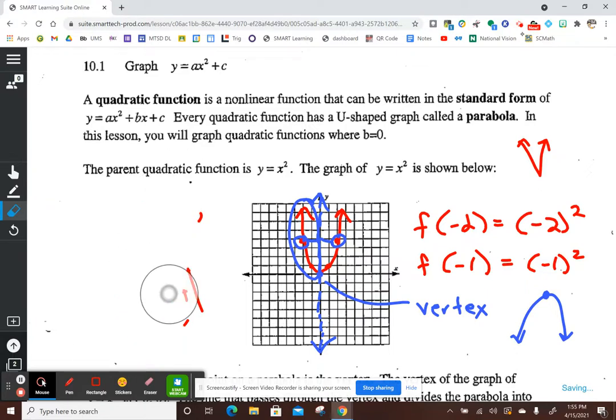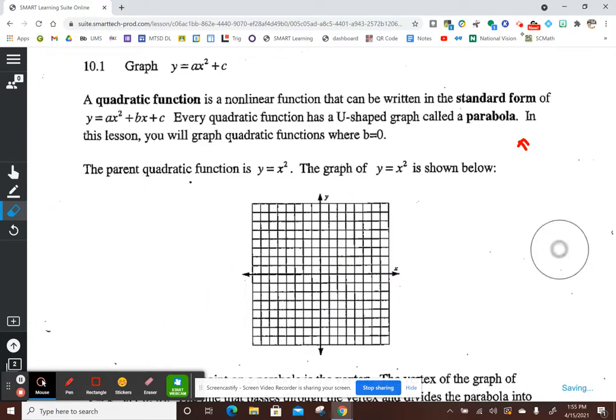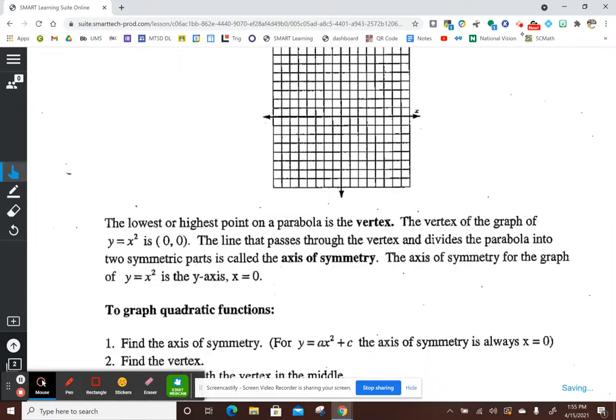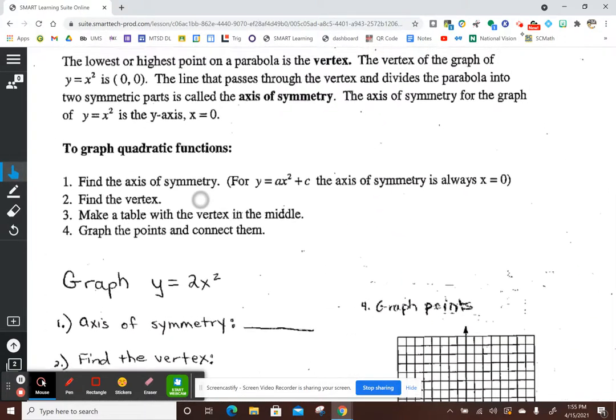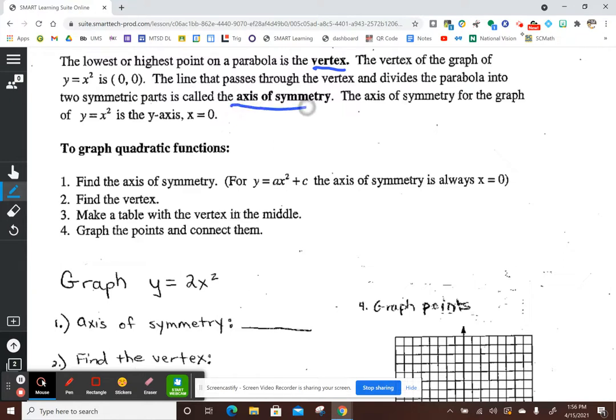Okay, so this is the parent function. And here, we'll just review that the lowest or highest point is called the vertex, and that the line that passes through the vertex and divides the parabola into two symmetrical parts is called the axis of symmetry. You will see me abbreviate it as AOS, the axis of symmetry.